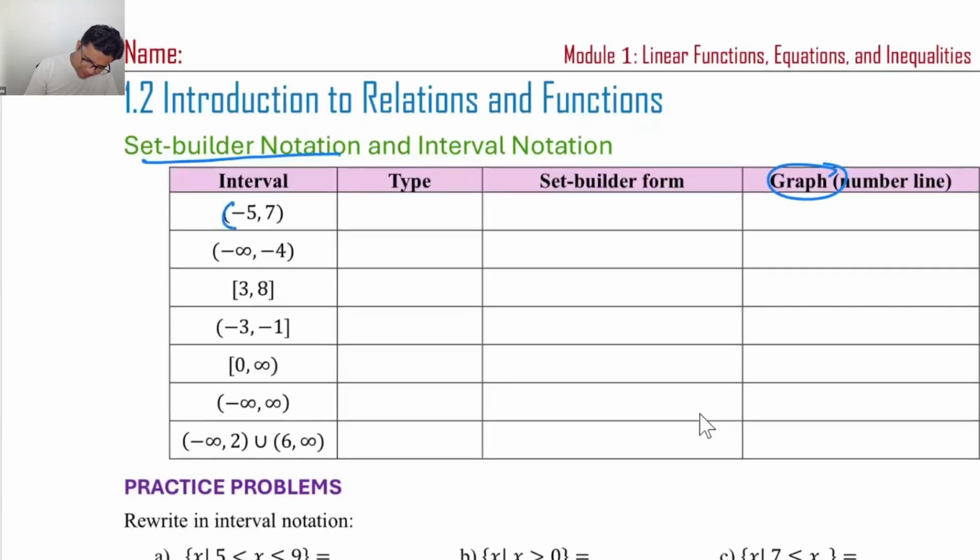This parenthesis here in the first interval that you see means that the endpoint is not included. Okay, so I will write that here. Parenthesis, either way, whether it is an opening one or a closing one, means endpoint not included.